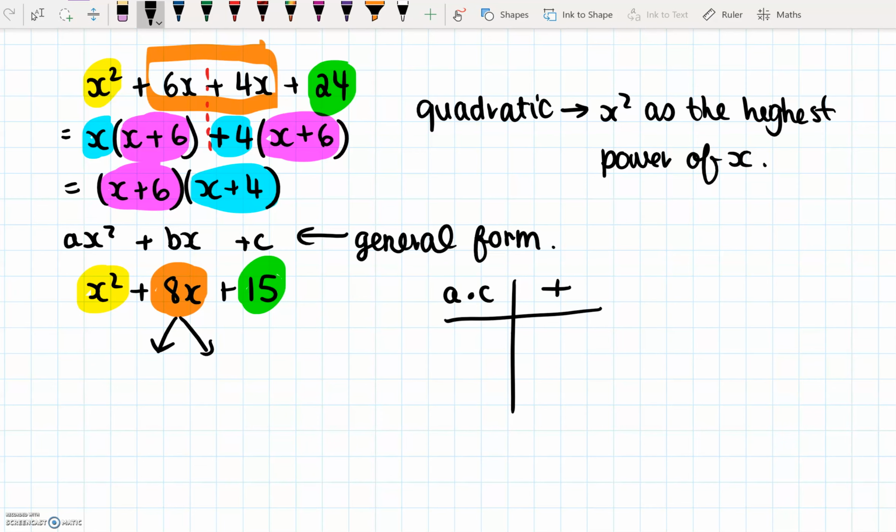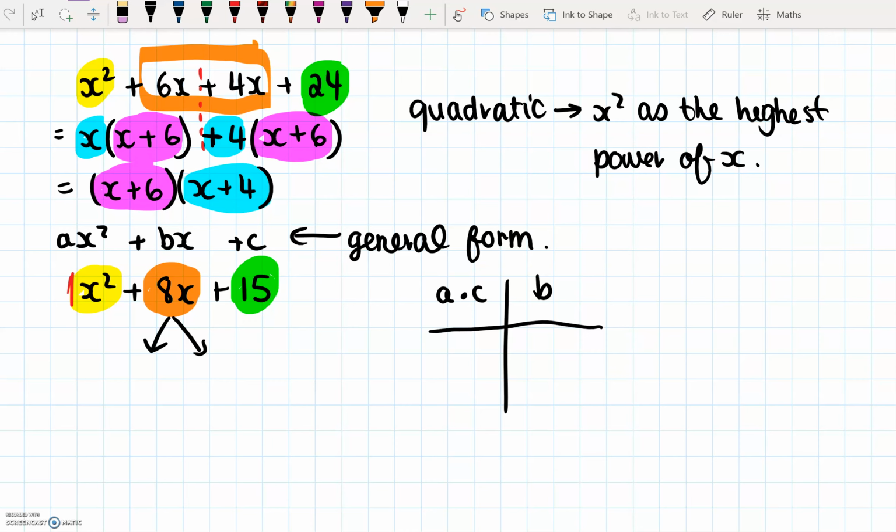All right, so a times c, in this case, a, we don't have it written there, but there's really a 1. So a times c is just 15. So we have a 15 here. And b, in this case, is 8.